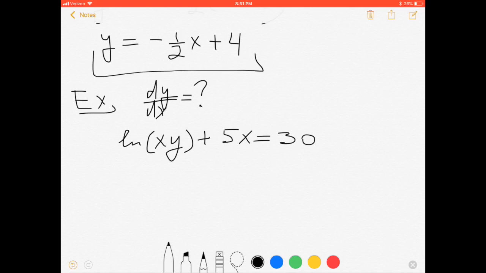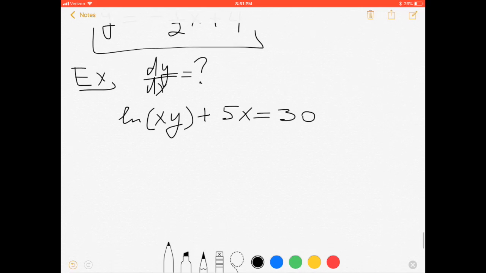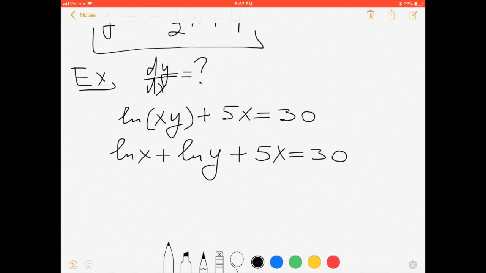Great. Well, here we can find it now, or I think it's better to simplify a little bit. This means the natural log of the product xy we separate. It will be natural log x plus natural log y plus 5x equals 30. Find the derivative here. Remember y is a function depending on x. X is the independent variable. This means here we have 1 over x. Use the chain rule.